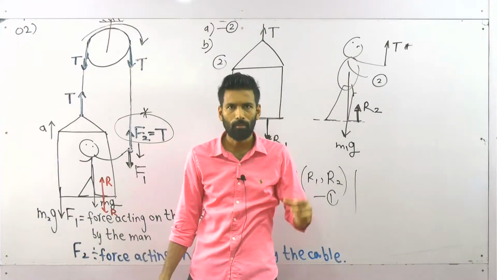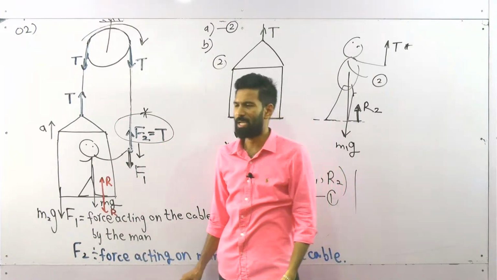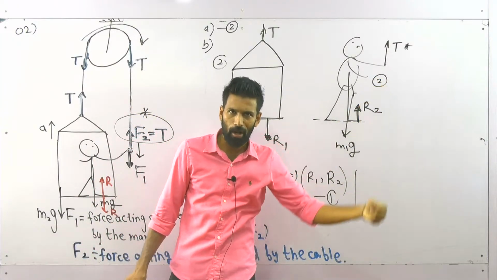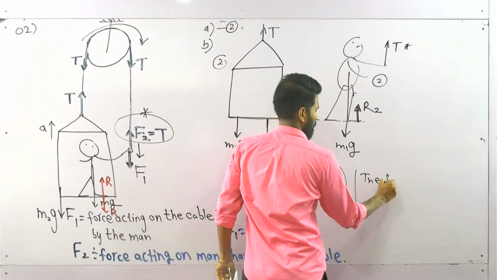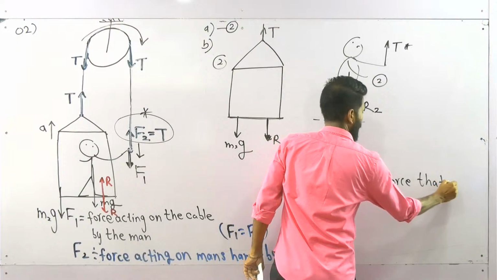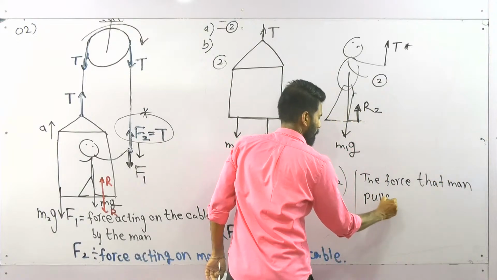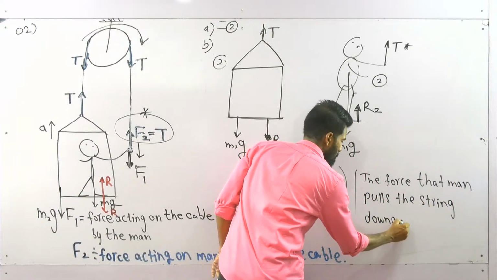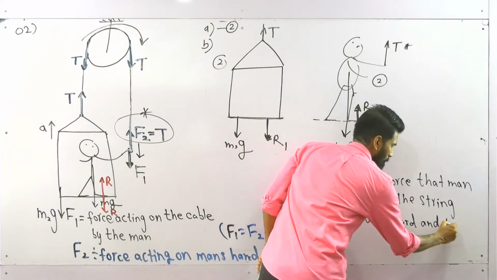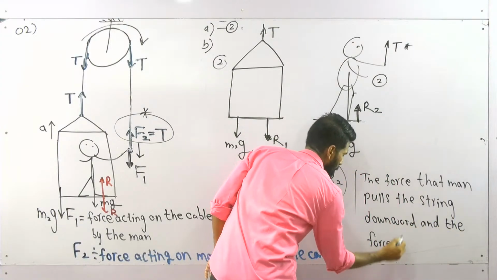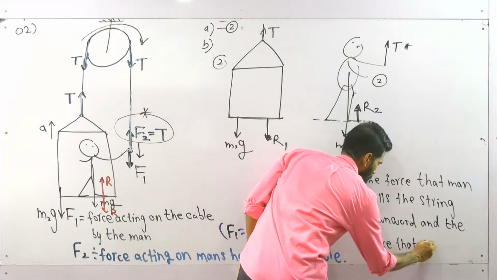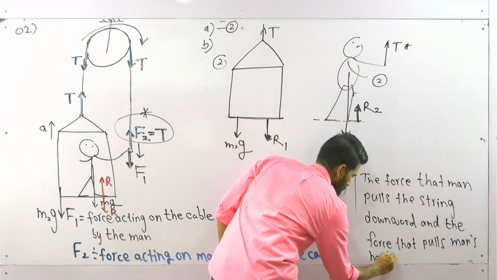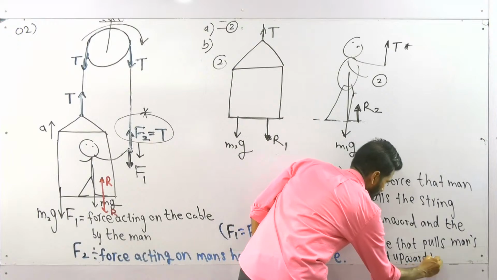Let's write it in an easier manner. Let's say like this: the force that the man pulls the string downward, and the force that pulls the man's hand upward by the string.